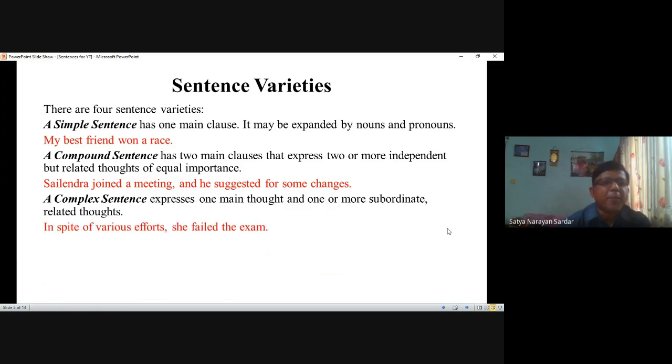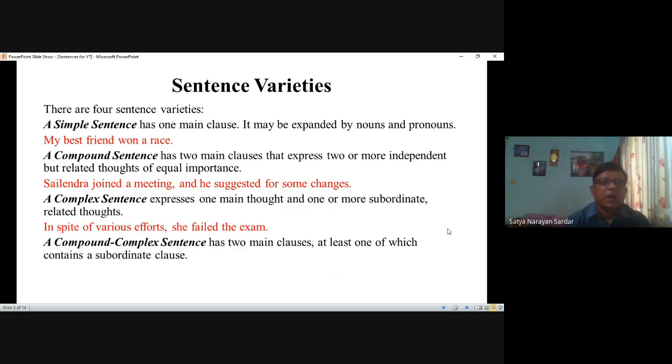In spite of various efforts, she failed the exam. A compound complex sentence. This form has recently been developed in the English language. It has two main clauses, at least one of which contains a subordinate clause.